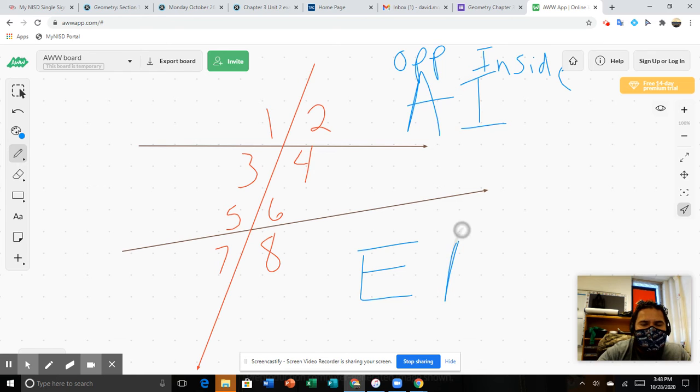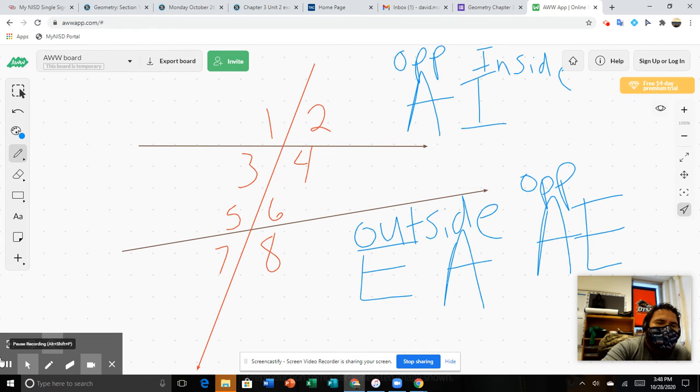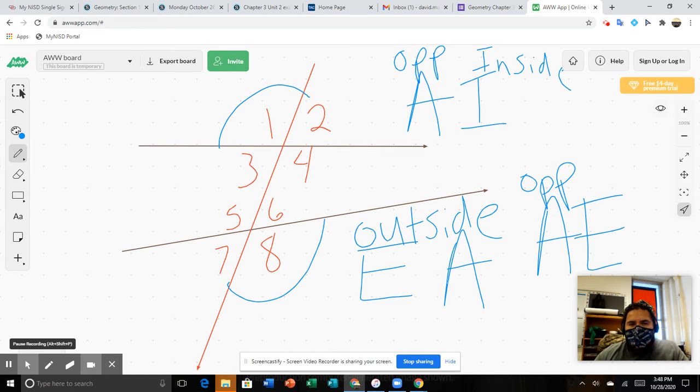Now, there are different types of exterior angles, and really we're just focusing on the one we call alternate exterior angles. Again, alternate means opposite sides. So angle 1 and angle 8 are what we would call alternate exterior angles.